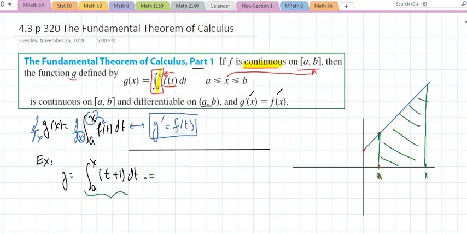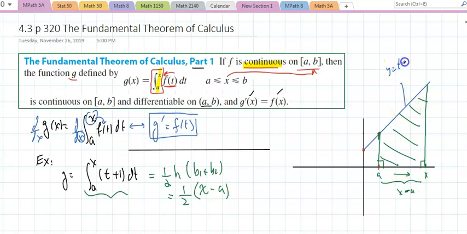That's going to equal, let's see, what is that? That is 1/2 the height times base 1 plus base 2, because that's a trapezoid. The heights are perpendicular to the bases, right? So there's the height. If I run from a to x, wouldn't this length be x minus a? Remember, this is the graph of y equals t plus 1. So when I say x equals a, isn't this a plus 1?